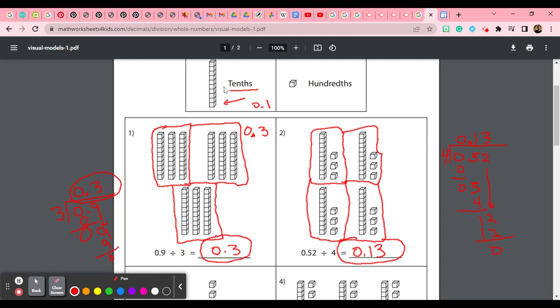Sometimes the stack is worth 1 whole, and it will say that on the key, meaning it tells you what each little stick or little dot or little cube is worth. So again, I just want to caution you on that. Make sure you're reading the problem, see what it's asking.